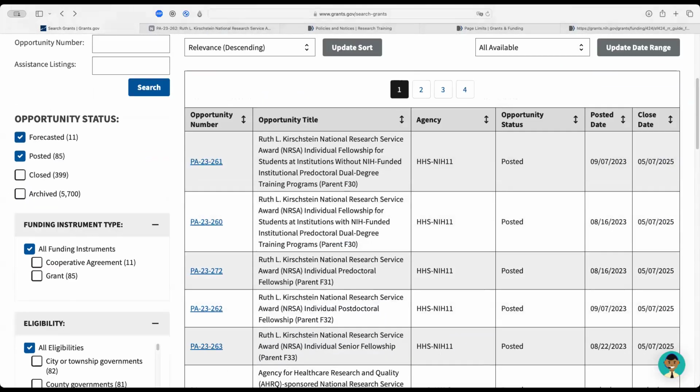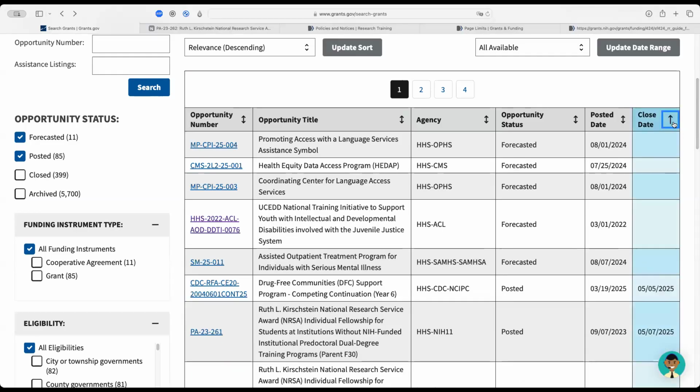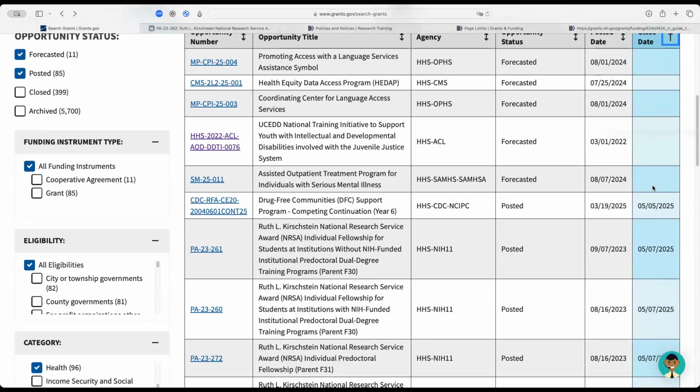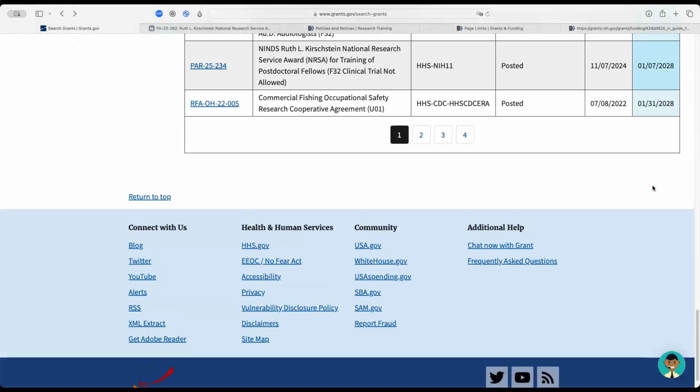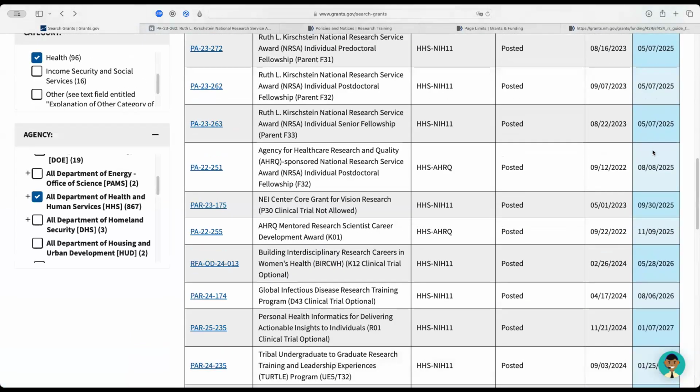Awesome. So now let's say you're looking at this and you're saying, well, I just got hired for something starting in the fall. I'm not going to be doing any work on that for the summer. So you might say, all right, let's sort this by the close date and say, all right, I'm going to skip past all that stuff that's due in May of this year.